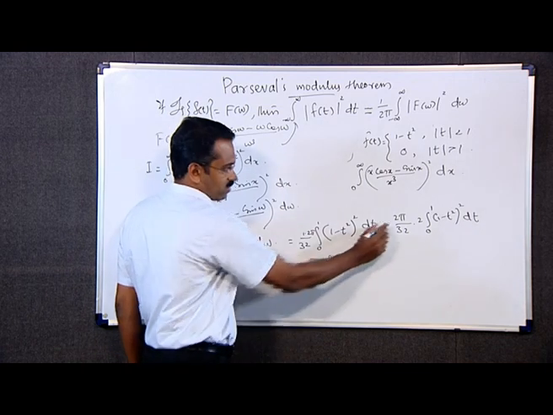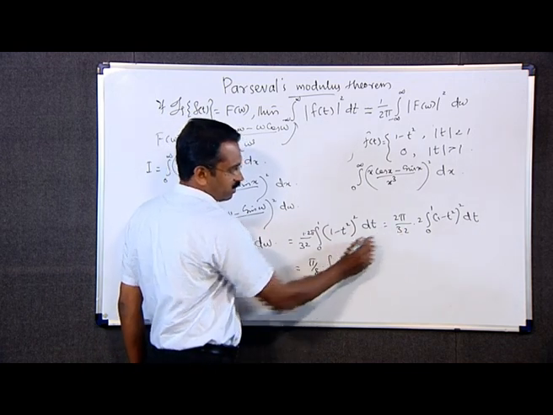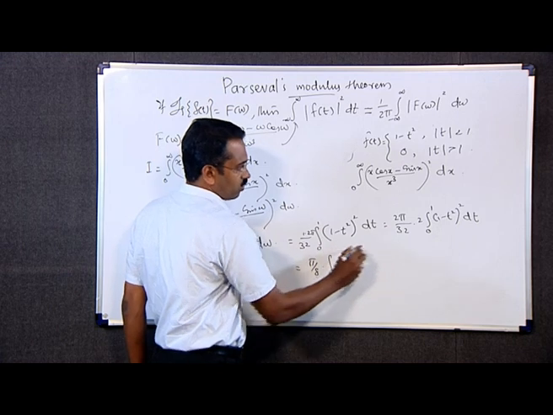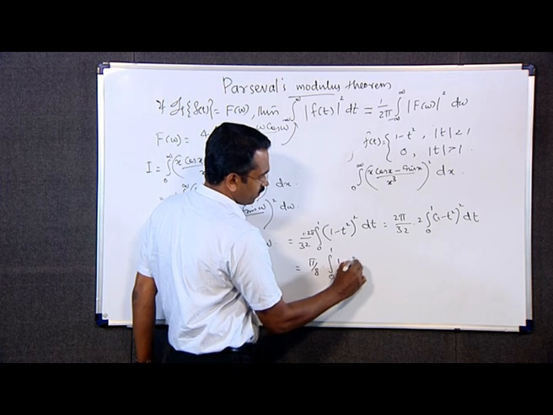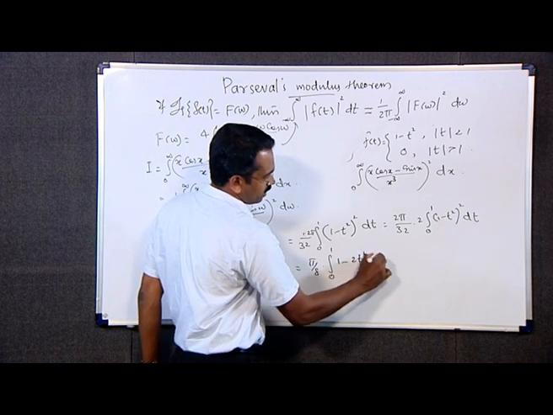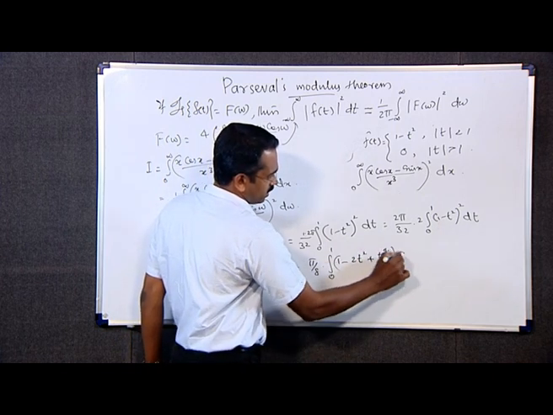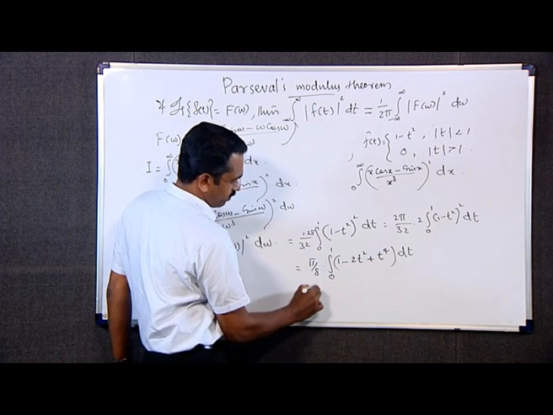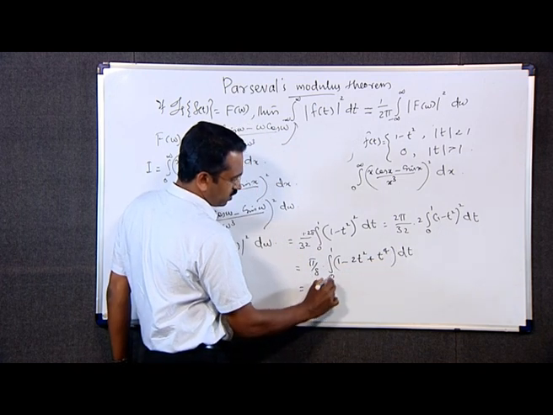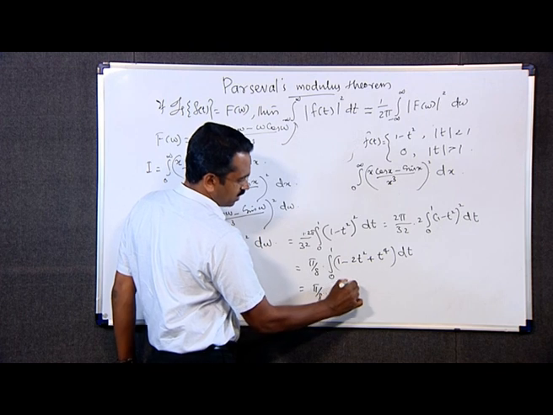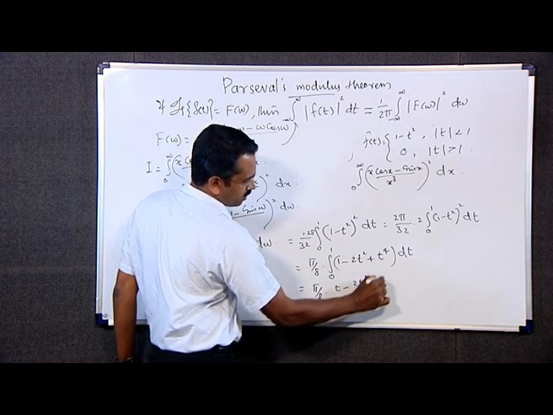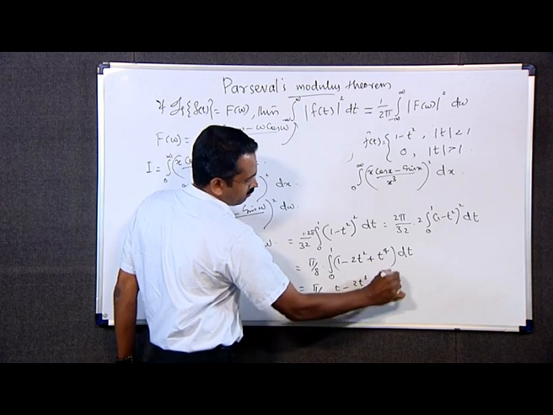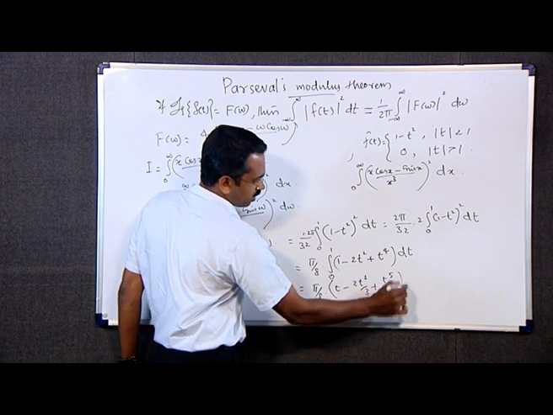Therefore, we can write this equal to pi by 8 into integral from 0 to 1 of (1 minus t square) the whole square dt, that means 1 minus 2 t square plus t raised to 4 dt. That is pi by 8 into t minus 2 t cube by 3 plus t raised to 5 divided by 5 between the limits 0 and 1.